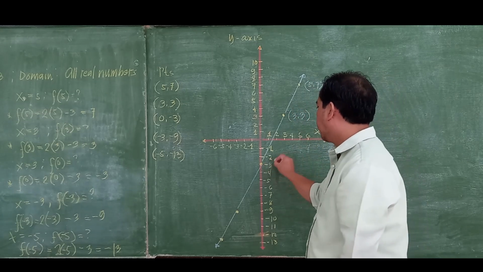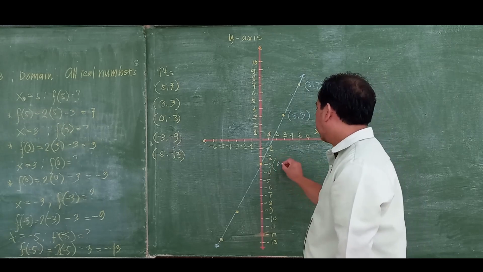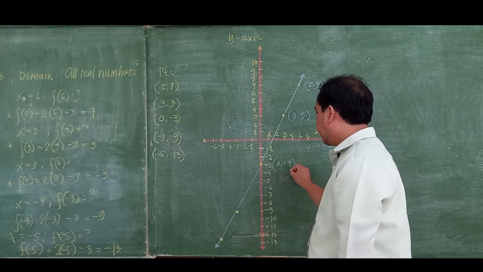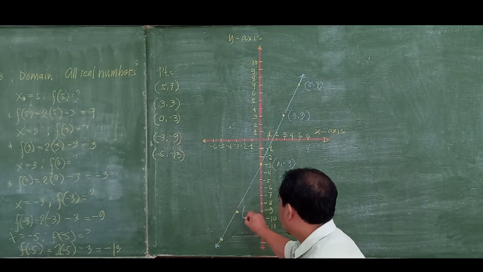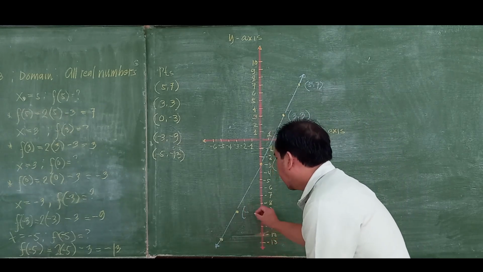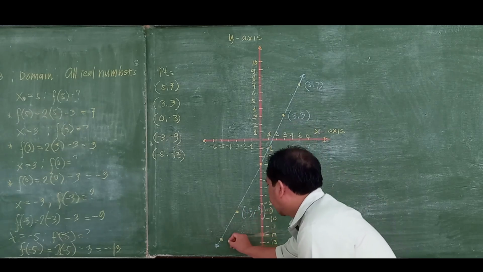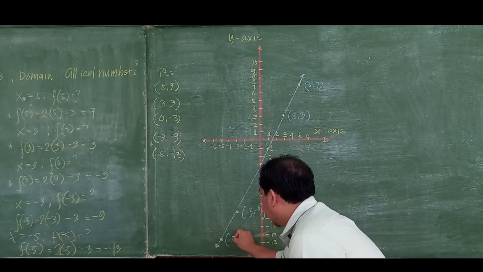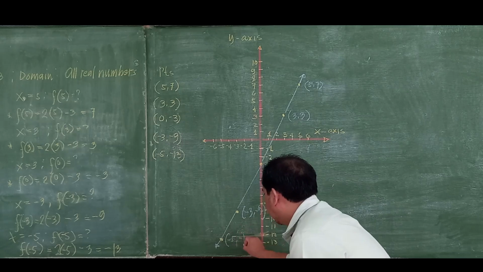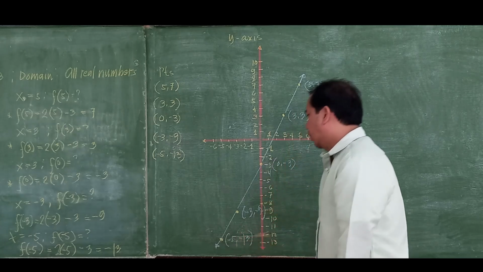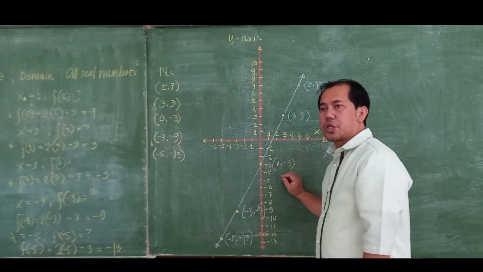How about this one? 0 and negative 3. This one is negative 3 and negative 9. Here, negative 5 and negative 13. So those are the labels of the points.